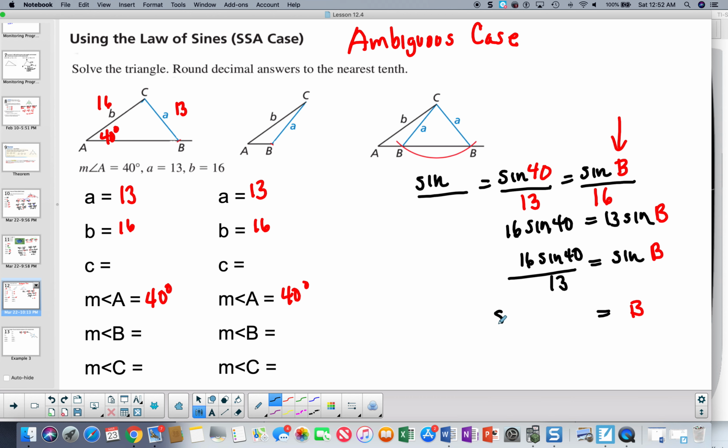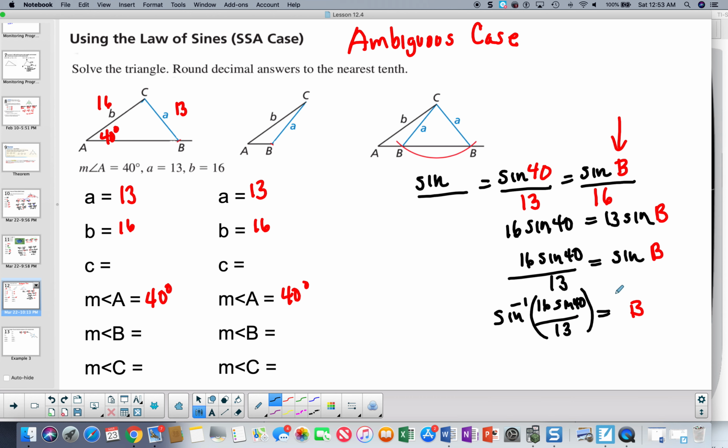So this is going to be sine inverse, and then we're going to have a big parentheses, 16 sine of 40 all over 13. Okay, and that's what you're going to put in the calculator. So we're going to put sine inverse, and then in the numerator you're going to put 16, and then sine of 40, and then just press the divide sign, 13, and then put a parenthesis.